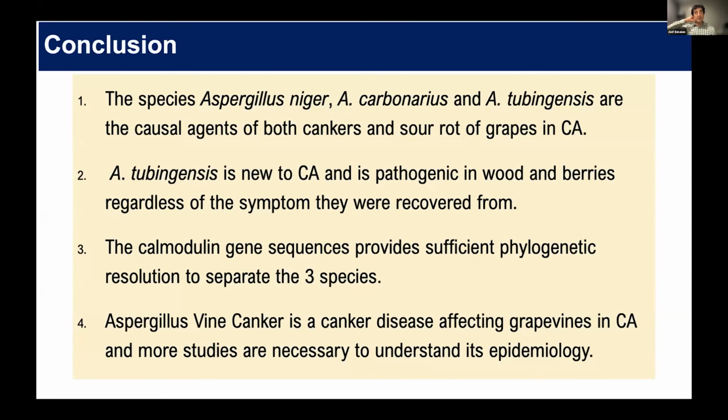The take-home message is that if you are seeing these kinds of early fall symptoms, I would suggest you have a viral panel test every year in your vineyard to know whether you have a virus or not.